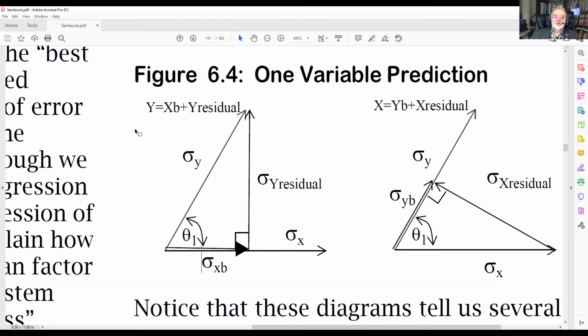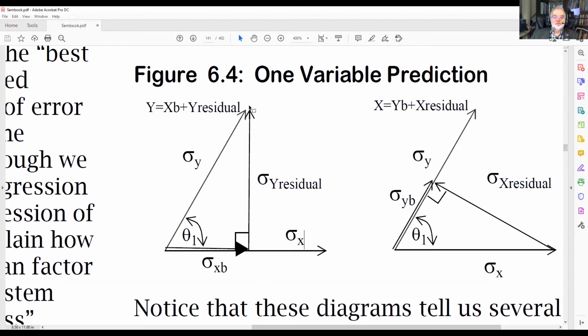So what we're doing here is explaining how a regression works: there exists a number, the unstandardized regression weight, which will adjust my predictor variable to have a new length such that the sum of y predict plus y residual is going to give me the standard deviation of y.